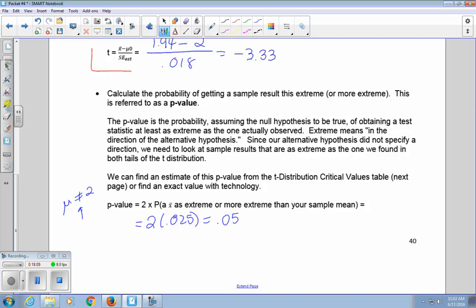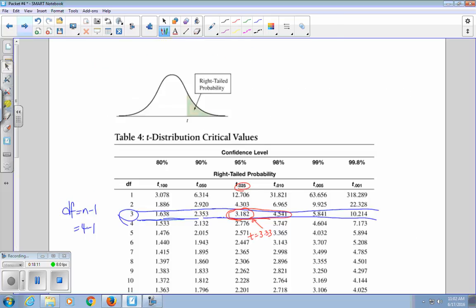So we know that the p-value is close to 0.05, but it's not going to be quite 0.05 because we're somewhere between these two values. This other one, you can see that the probability is 0.01.